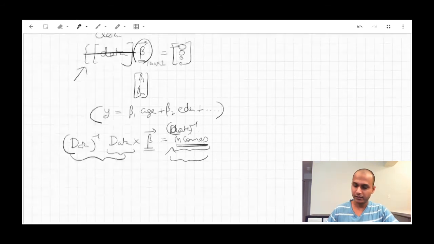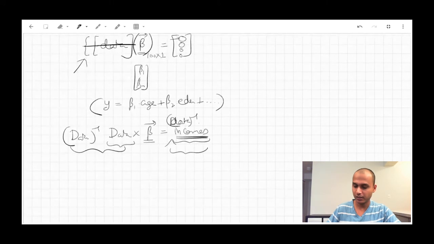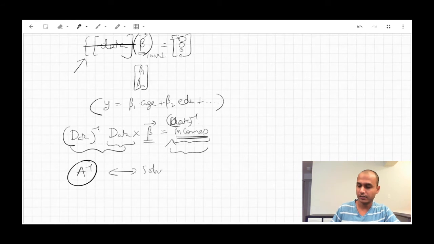Now, although I've talked about the inverse, ideally nobody actually computes the inverse in practice. So nobody computes A inverse. Whenever you are thinking about inverses, only think about solving a system of equations. Of course, these two problems are not the same.